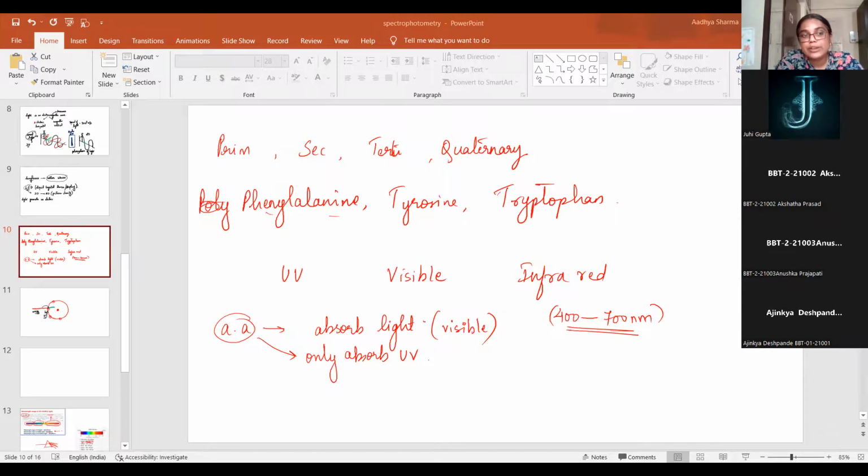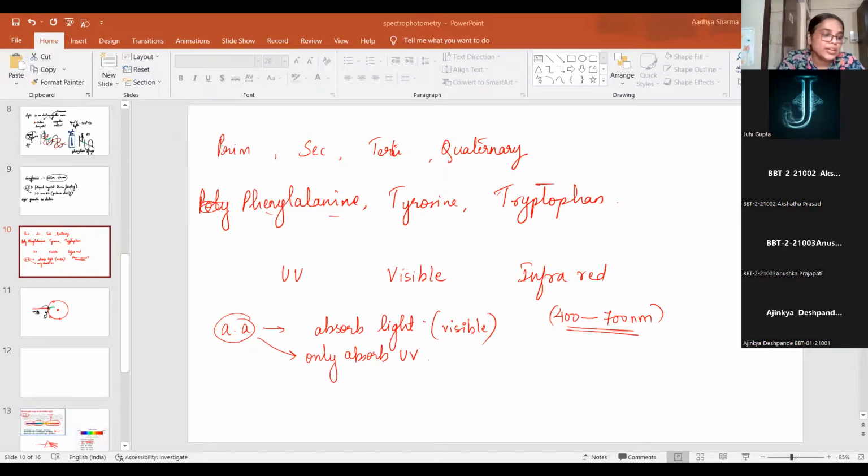Yes or no? I am asking, is spectrophotometry a quantitative analysis? It is a quantitative analysis. That is what we discussed. We can also determine the concentration of the substance. So that's why it is a quantitative analysis.